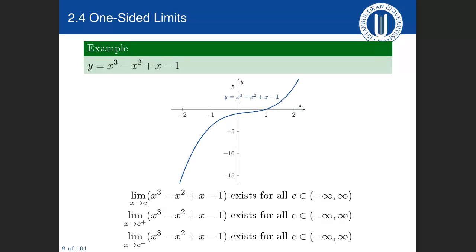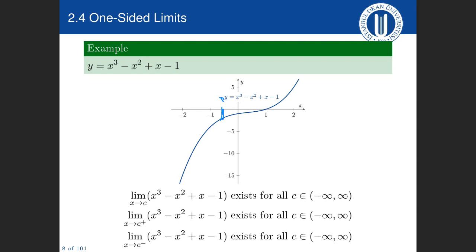Let's briefly go back to slide number 8. Pick any value of c, let's say here. And then we can see from this picture that if x is close to c, the function is close to f of c.